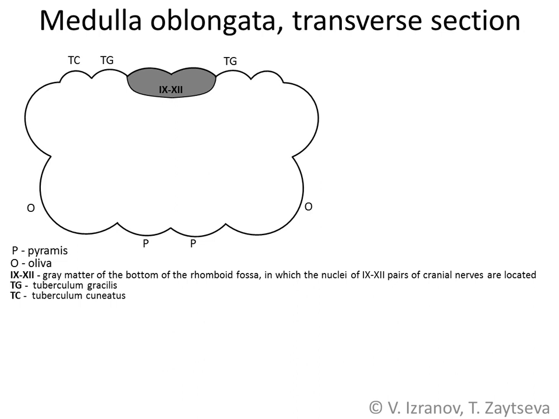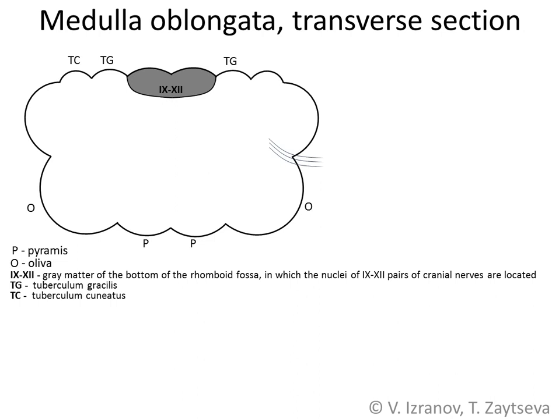So what is the function of tuberculum gracilis and tuberculum cuneatus? They are place of second neurons of pathway of Goll and pathway of Burdach. Those pathways are responsible for the proprioception, that means the sensation in our bones, in our ligaments and our muscles.